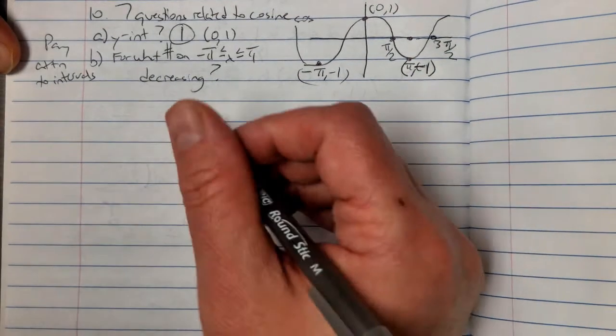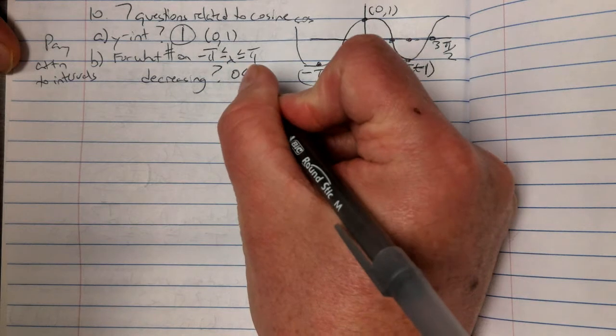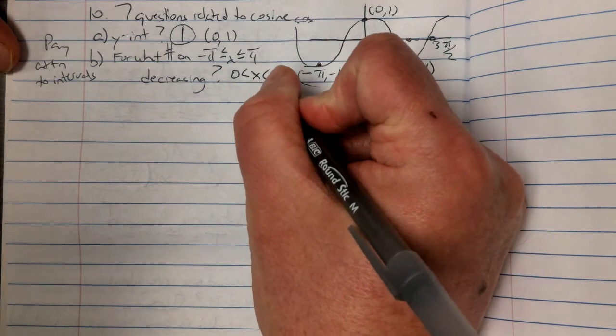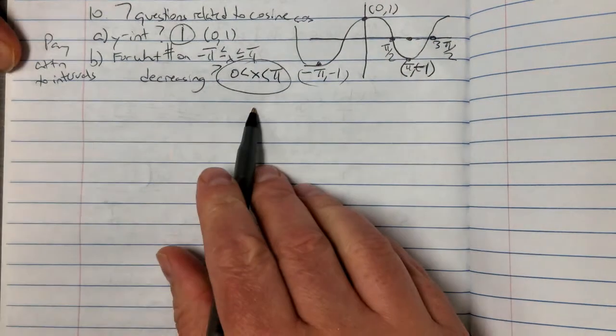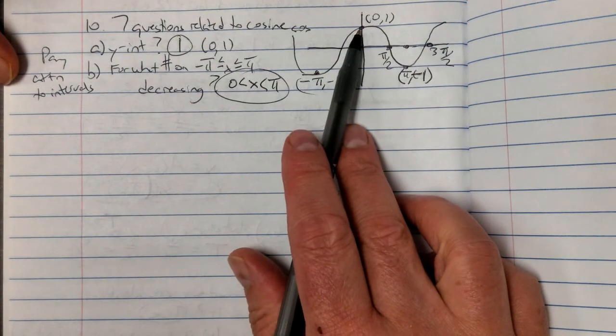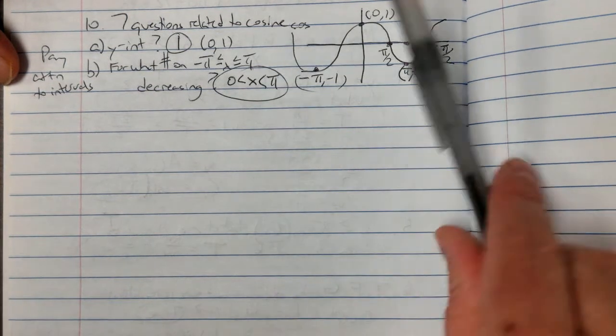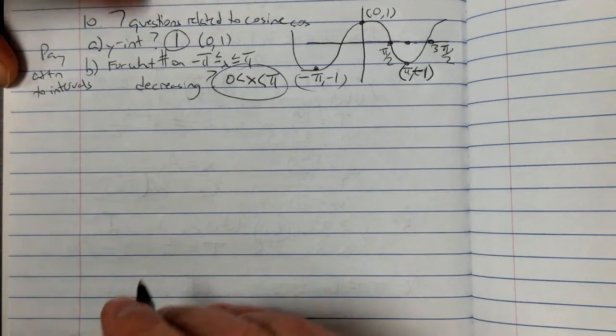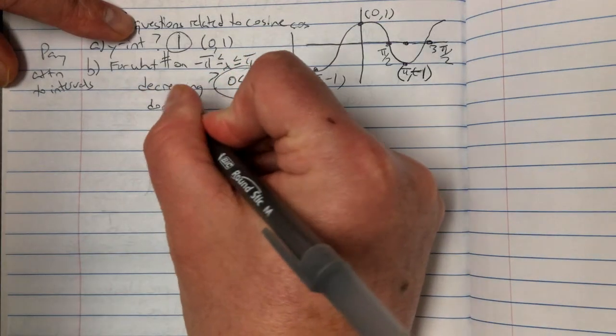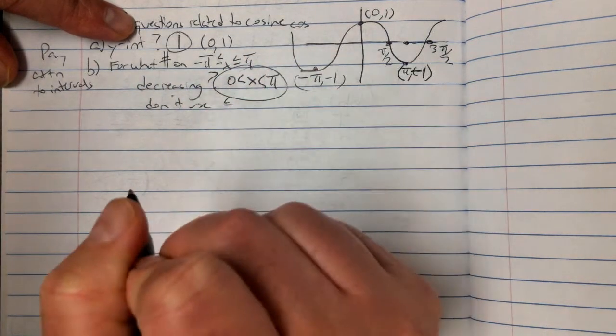And remember, for this answer, we don't want the equal part, we just want the less than. So that's basically from 0 down, because that's sort of like negative slope. And remember, don't use less than or equal to.